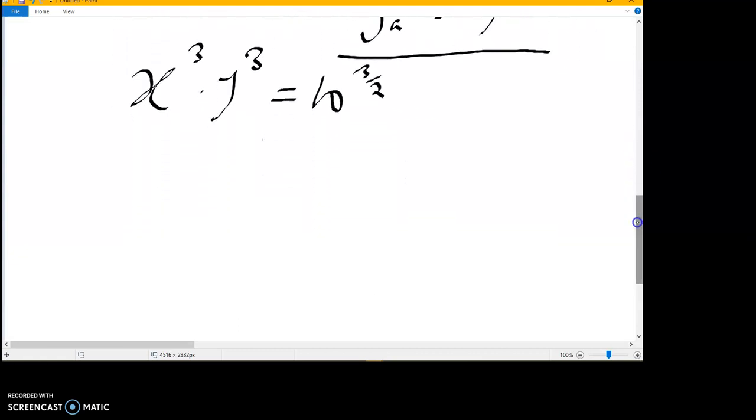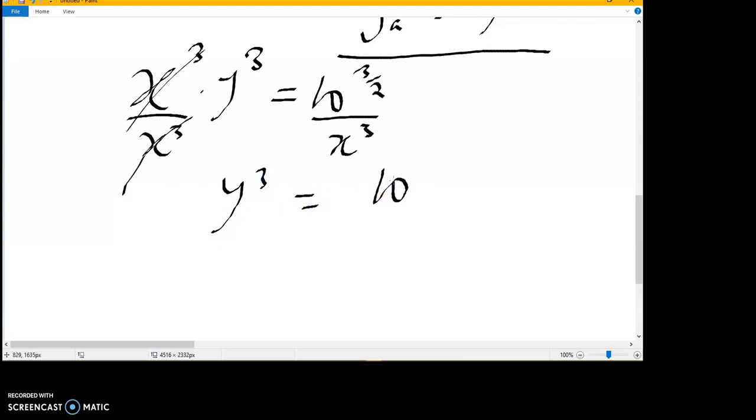Then from here we make y the subject of the formula. We divide throughout by x to the power 3, so the x terms cancel on the left, and we remain with y to the power 3 is equal to 10 to the power 3 over 2, over x to the power 3.